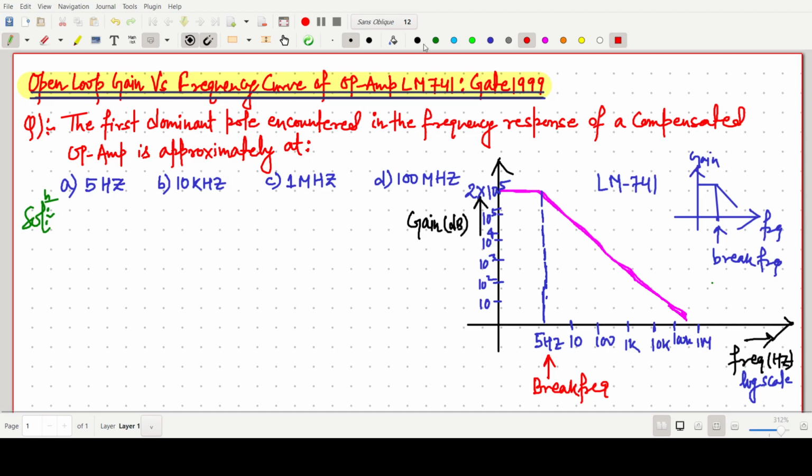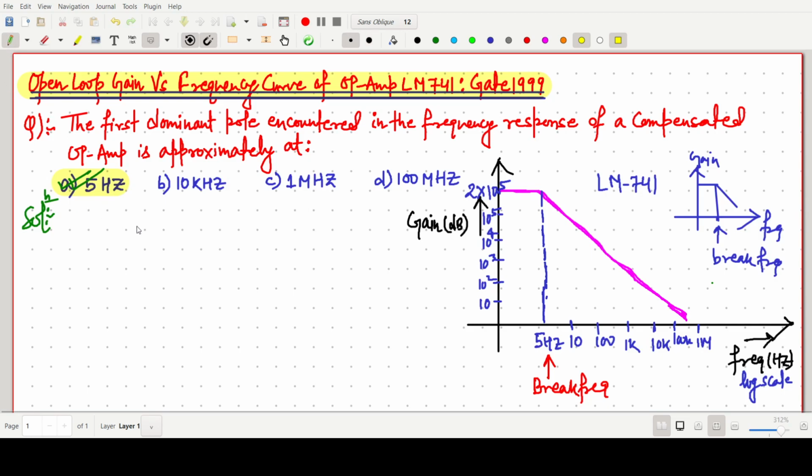So our answer will be 5 hertz. This one is the correct answer for this question.